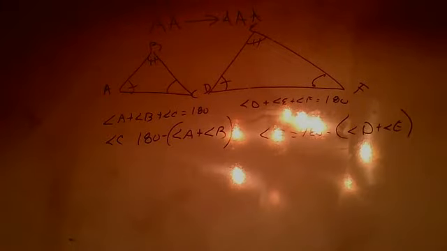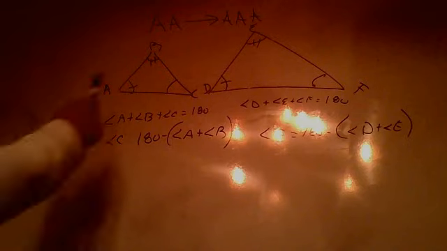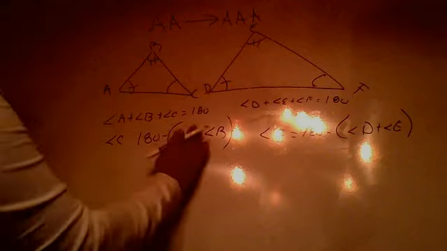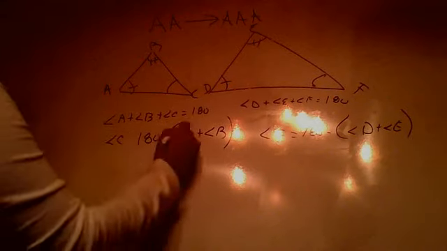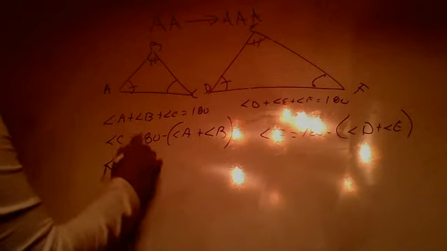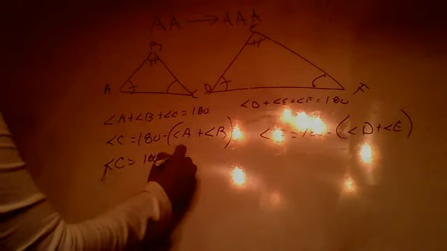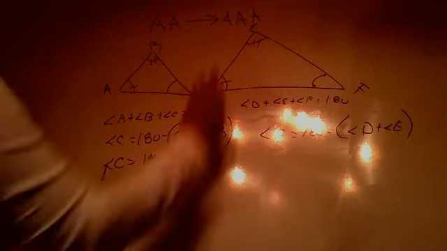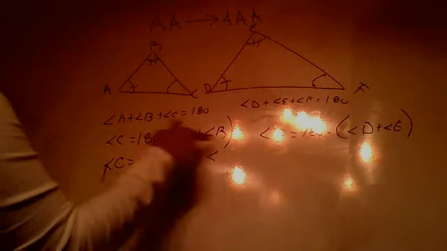Okay. And if we simply substitute, we replace angle A with its equivalent angle D, and then B with its equivalent angle E. All I do is distribute that negative through.